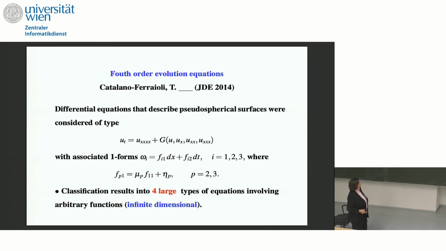Now, more recently, in 2014, with Catalano and Ferraioli, we studied these kinds of 4th order equations, and we used the same condition that Gomez used, that f21 and f31 are linear combinations of f11. We again have 4 types, very large sets of equations, and they are infinitely many again because they include arbitrary functions.